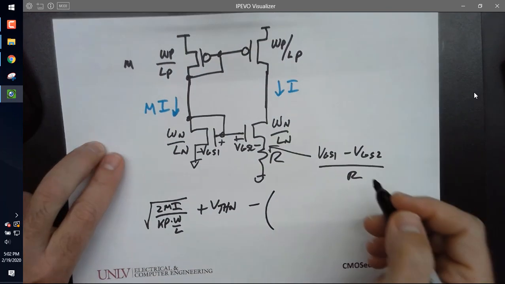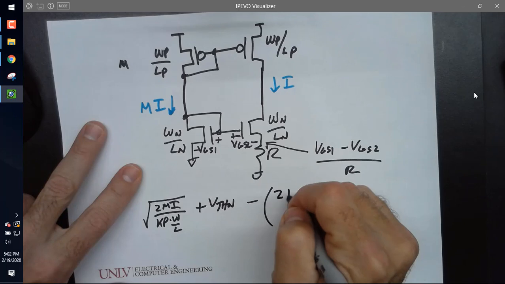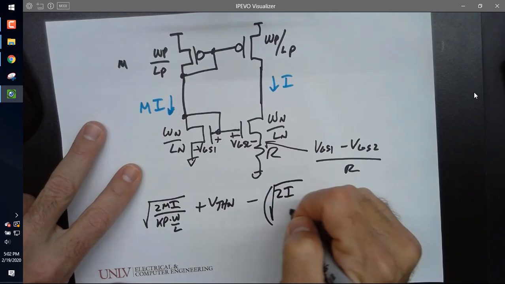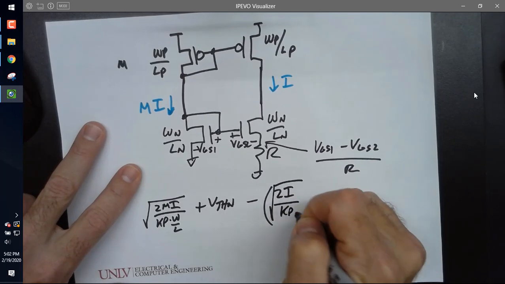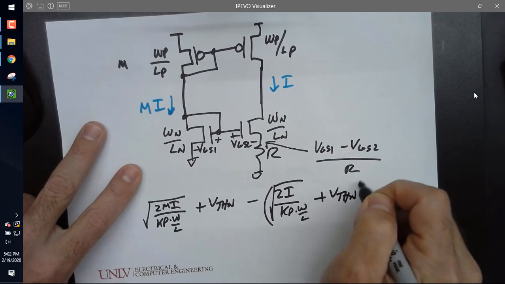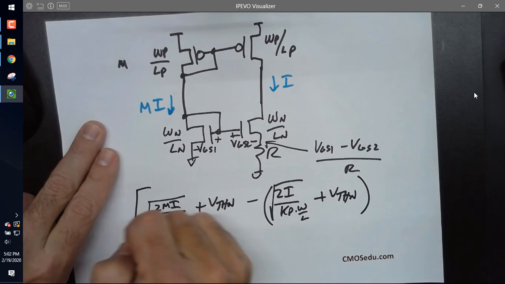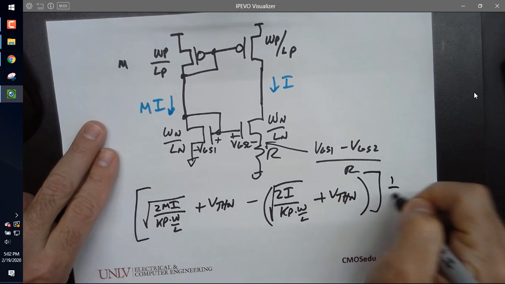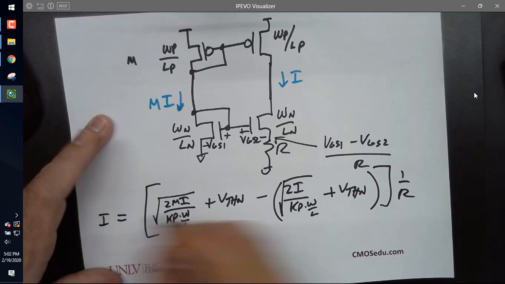All right, so this is the square root of 2I over Kp times W over L, plus V threshold N, times 1 over R equals I. Anybody agree with that?